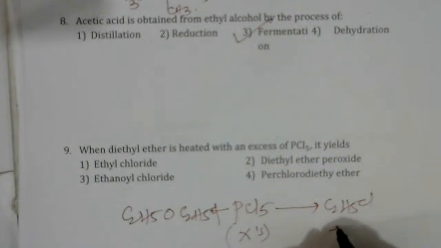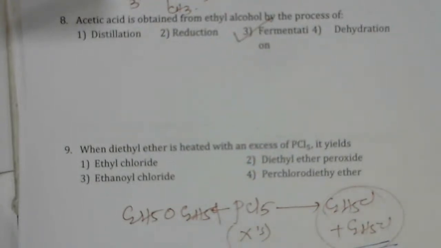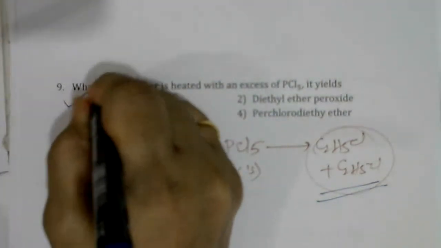Ethyl chloride. With limited supply we would get a mixture of ethyl alcohol and ethyl chloride, but with excess, we are going to get completely ethyl chloride only. Therefore, which is the option? First option.